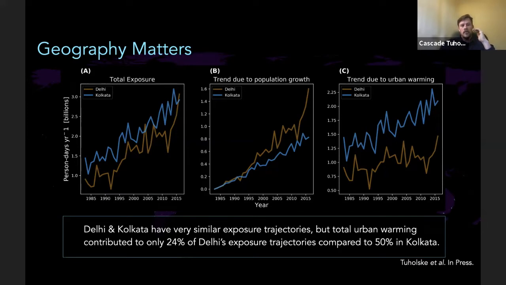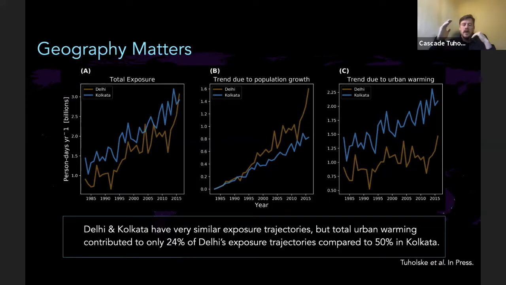But if you look at the effect of total population growth in panel B versus the effect of total warming, they kind of flip-flop. In Delhi, the signal from population growth is much stronger, whereas in Kolkata, the signal from total urban warming is about 50% of the contribution to total increase in exposure.